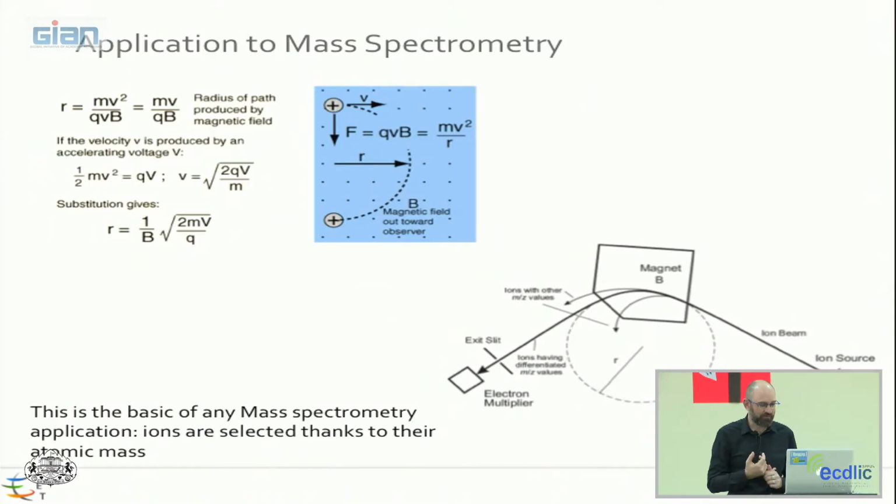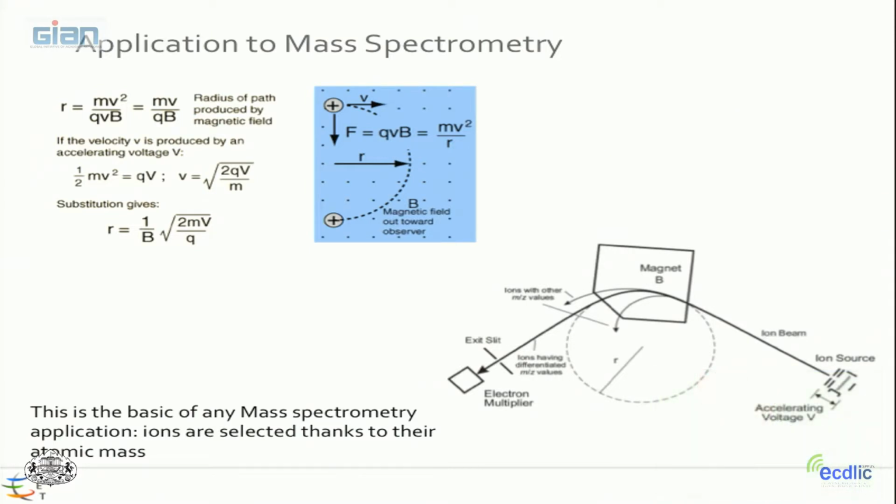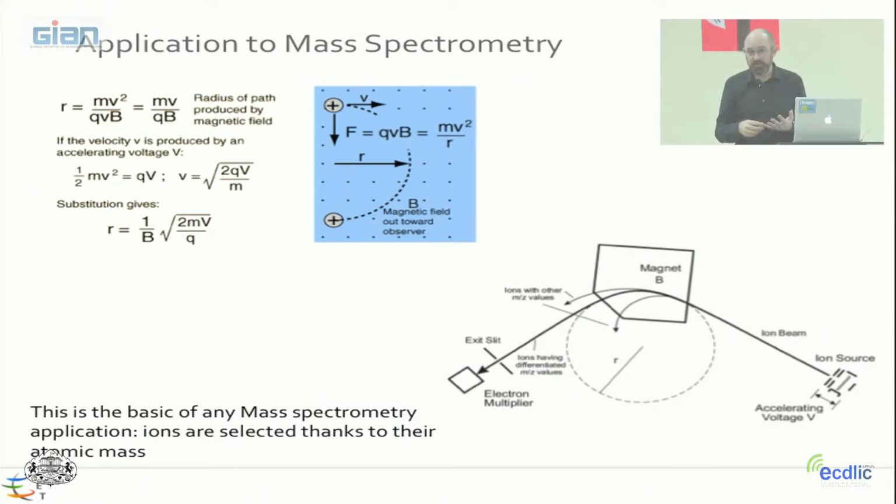So the application of the Lorentz law to mass spectrometry is: a charged particle with a certain speed entering into the magnetic field is deviated according to its mass and its charge. And the basic law is the radius. Michel, how do you say le rayon in English?